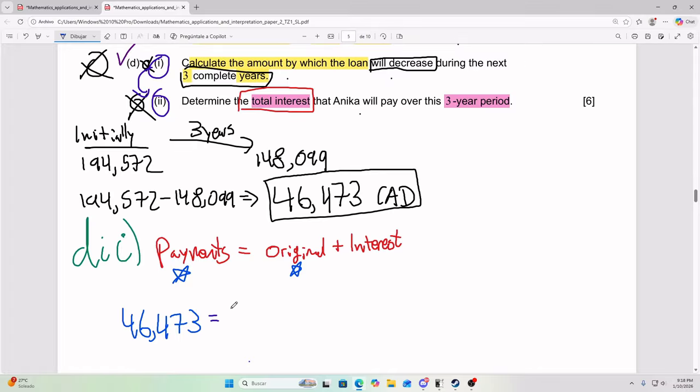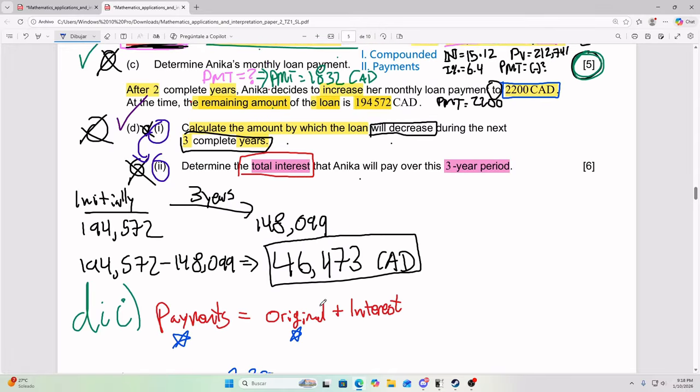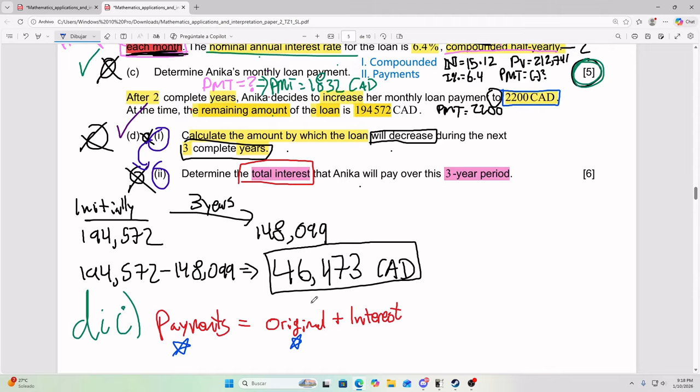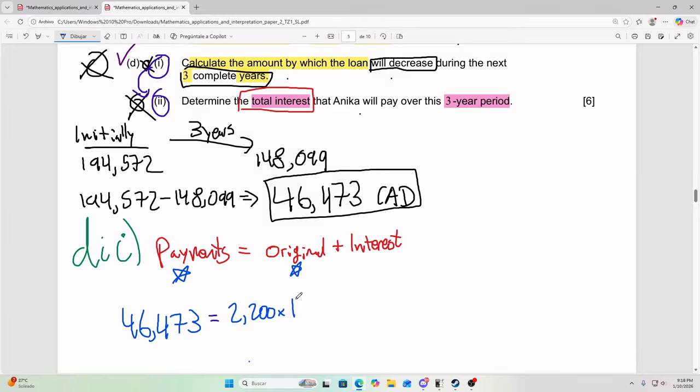Now this PMT was $2,200, and it applied big N amount of times. It applied monthly because it's PMT, and for how many years? For 3. This is the original value we're talking about. So payments is this 46,000, original is this guy here, and interest is what you're still trying to discover.